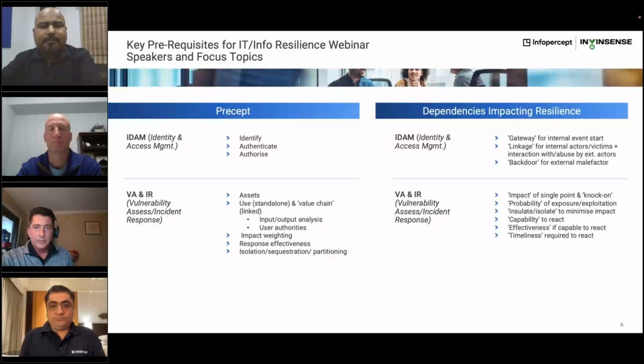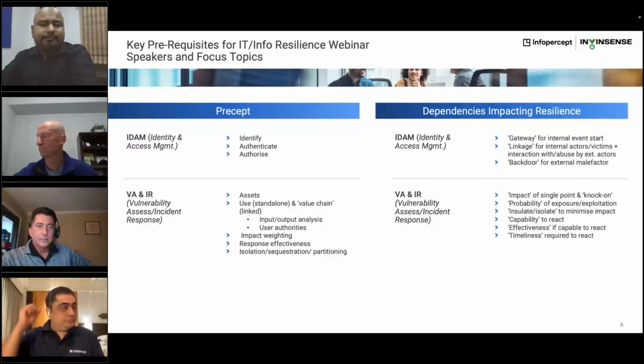Secondly, it also may provide the ability for internal actors and external actors to link one to the other. And then finally, it also can provide a very open backdoor, whether you're talking about databases, systems, or other processing systems, for external malefactors to hijack, take advantage, install malware, and what have you, in various critical assets of the organization.